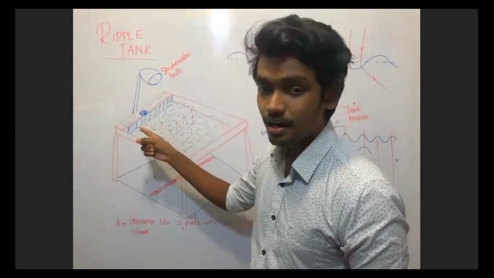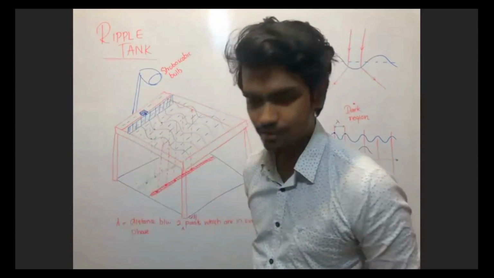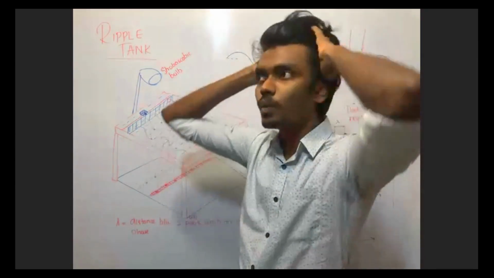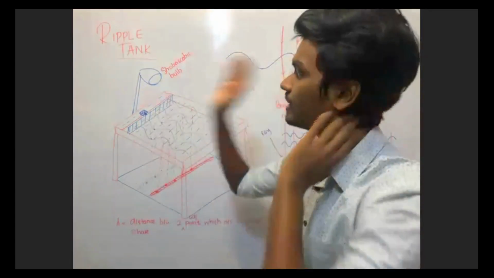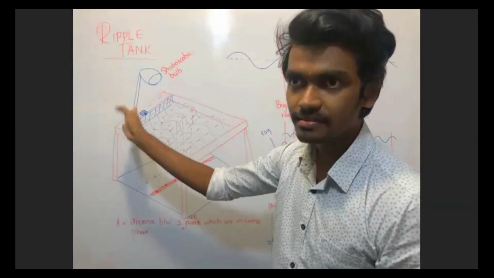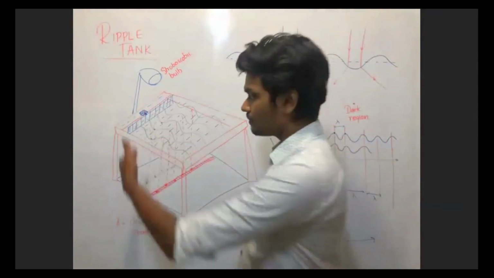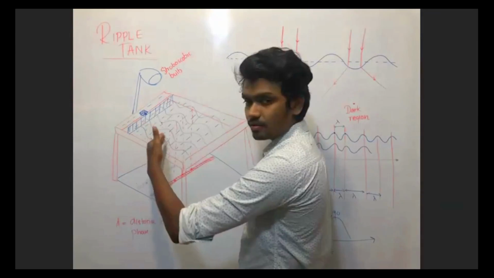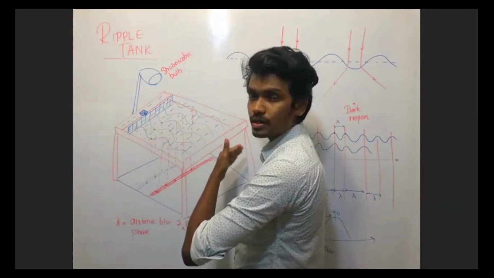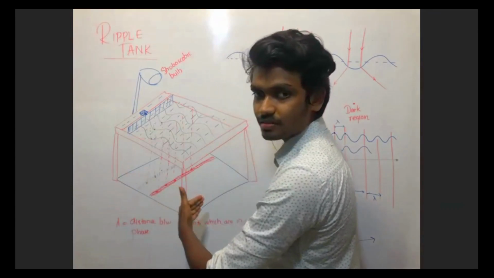These are progressive waves. Progressive waves means they are propagating waves. When this vibration continuously happens, the wave continuously propagates forward, and these wave fronts also propagate forward along with it.